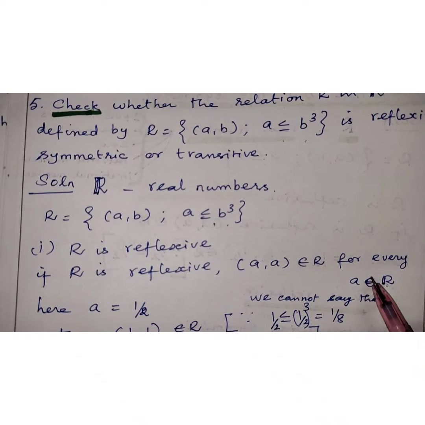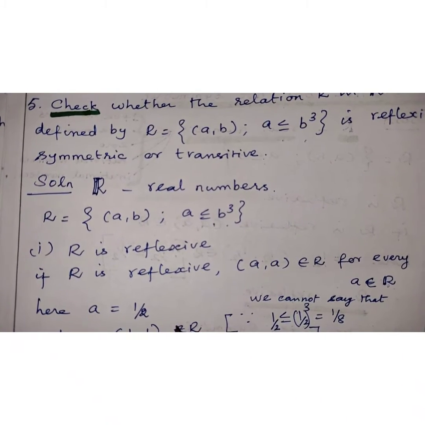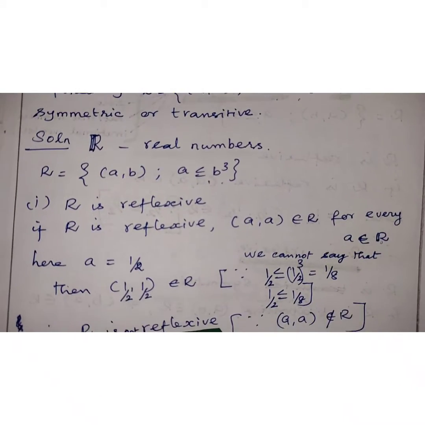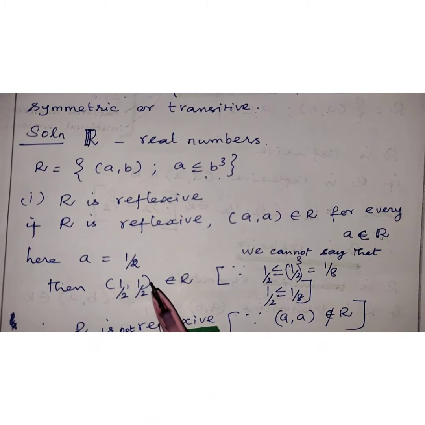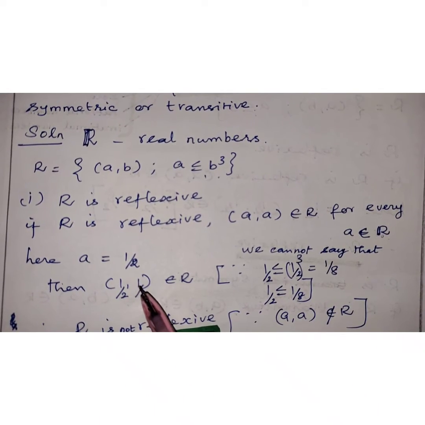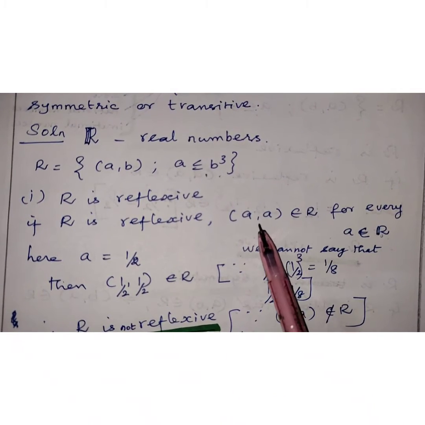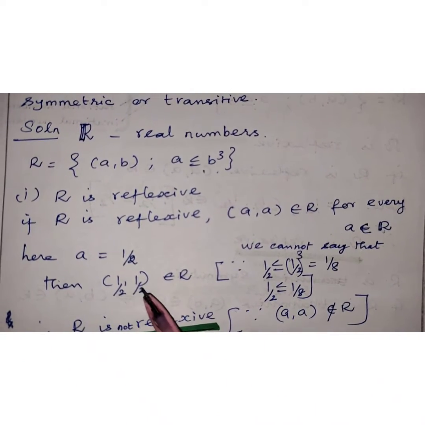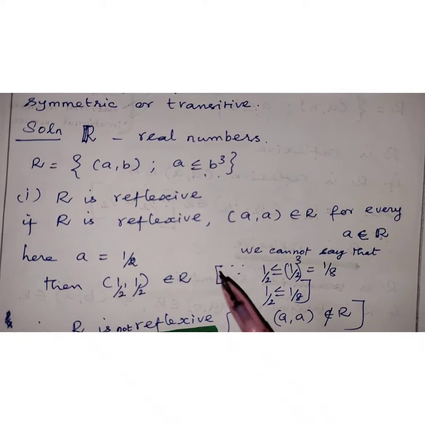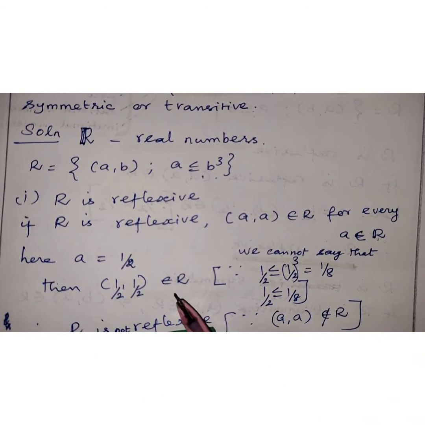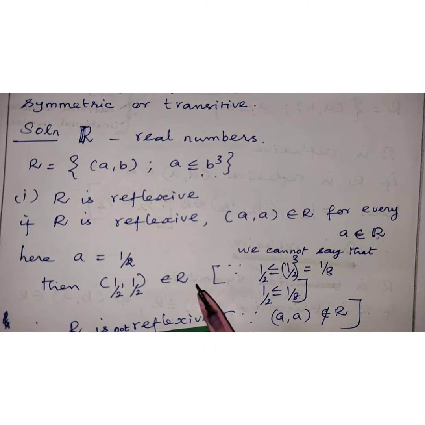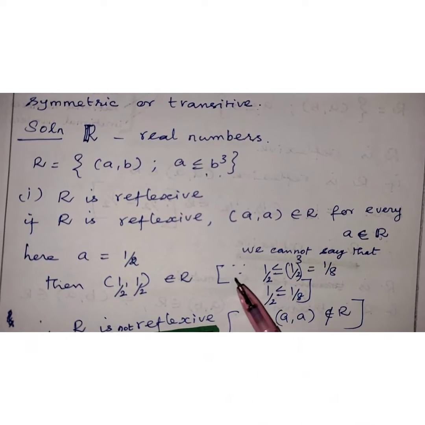Here we take a equal to half. Now a equal to half means here (half, half) belongs to R. The reflexive condition is the same element, so does (half, half) belong to R? What is the reason here?